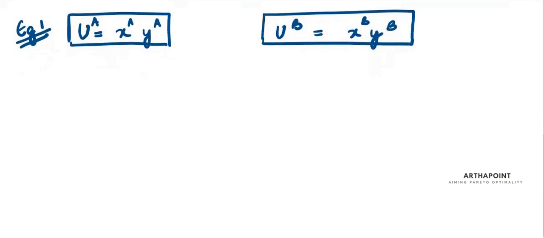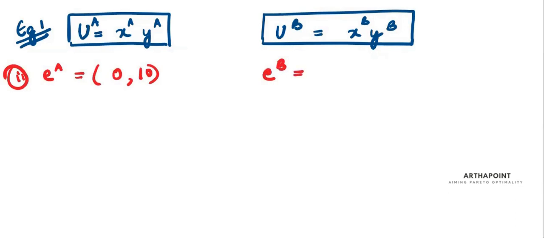Second thing, you must also understand that when you talk about these individuals A and B, you must know what the endowment is. So I give you an example initially that endowment of individual A is 0, 10 and endowment of individual B is 10, 0.